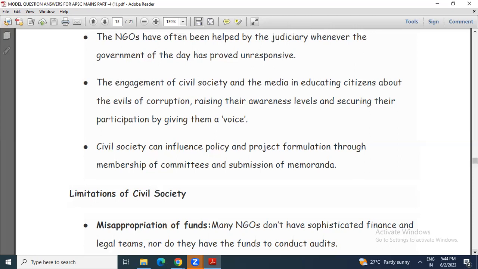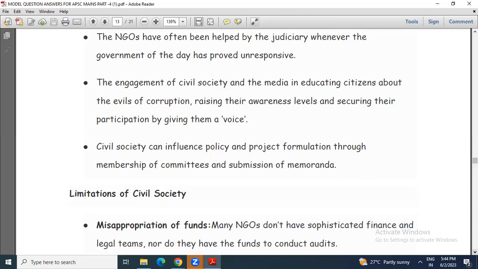But why do we have this behavior, this thinking in our society? This means an acceptance of corruption in the society, isn't it? So this can be reduced only through a moral change in the ethic, and that can be done only by the active participation of the civil society to increase the awareness among the citizens against corruption.